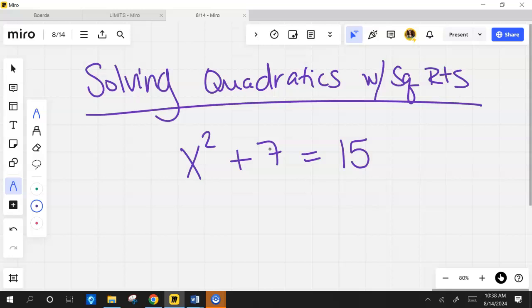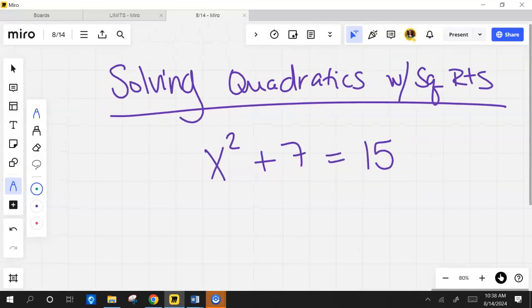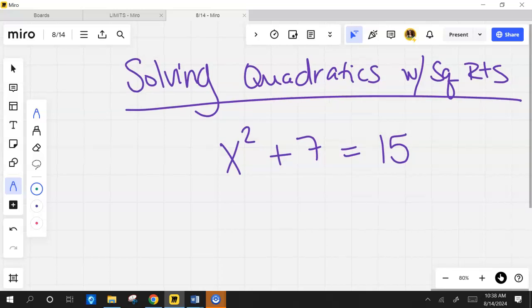Okay, that's going to make it equal 0. Is that going to help you do anything? That is what we did yesterday, but today's a new day and we're learning something new today. Subtract the 7. So look, here's how, and I want to tell you a little hint how you know this before we start.